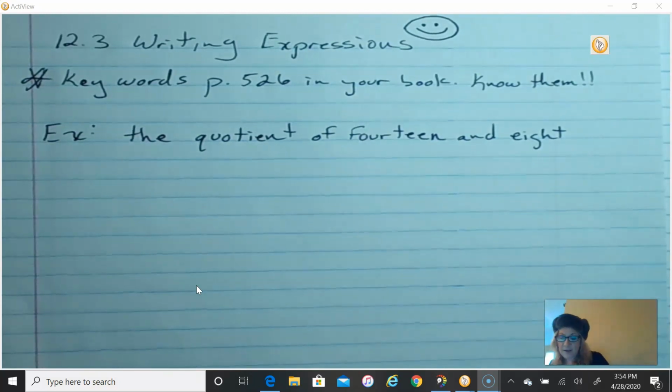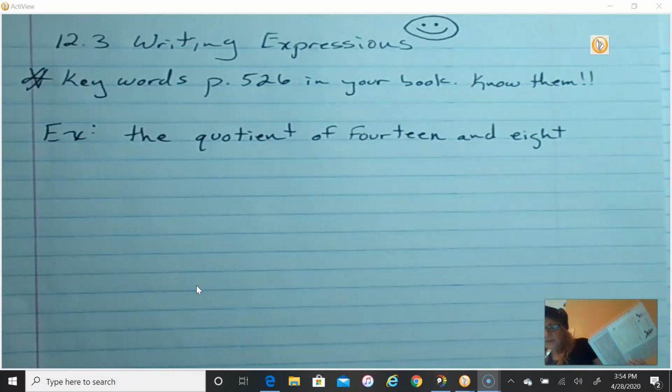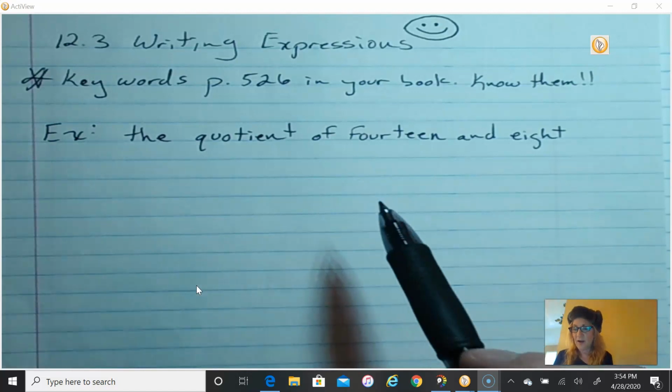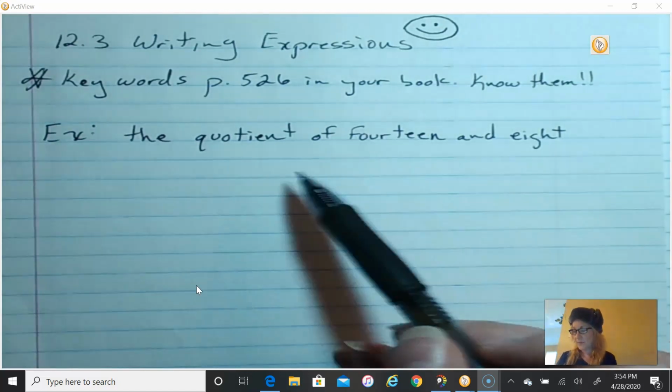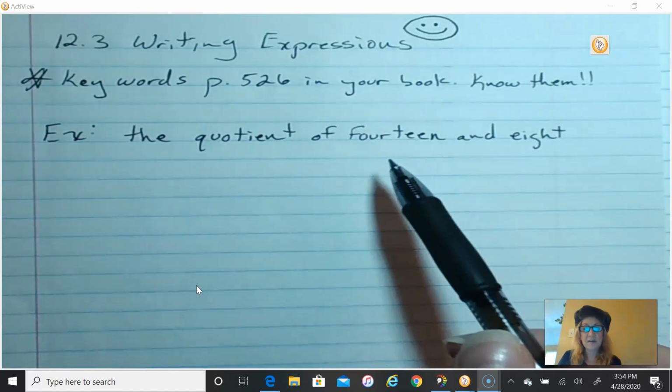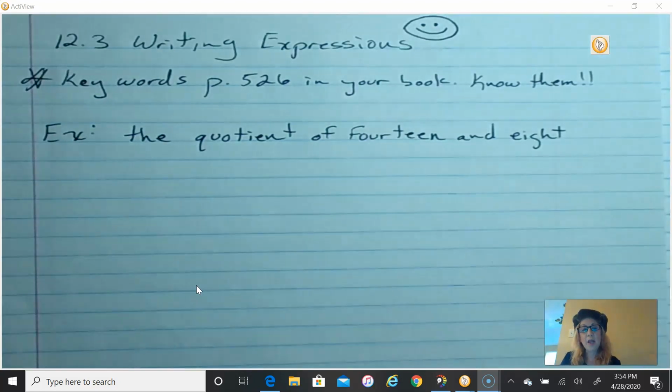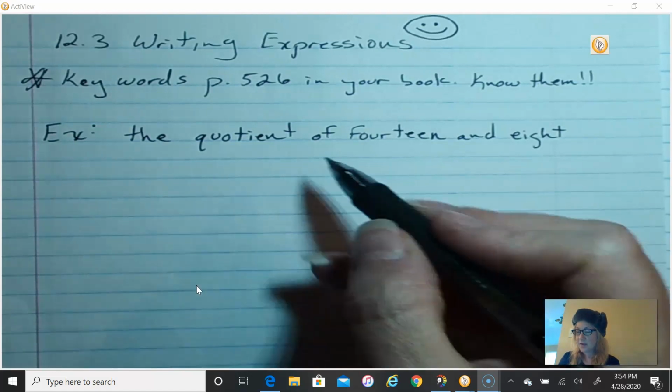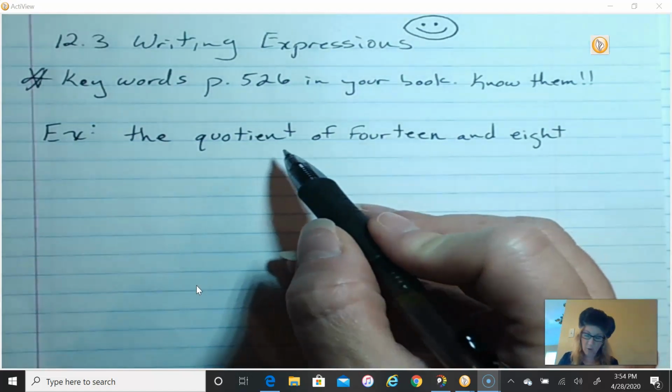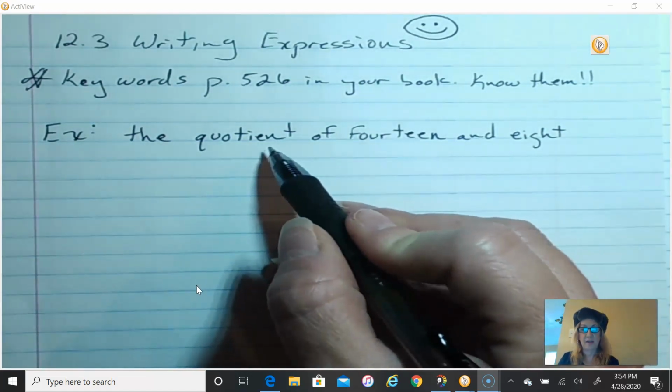In your book, it's already written down in words, right? So right below that, do what I'm doing here. It says the quotient of 14 and 8. What does quotient mean?